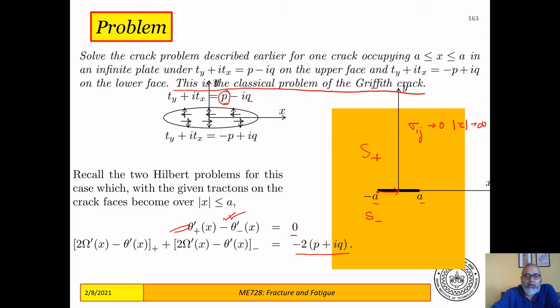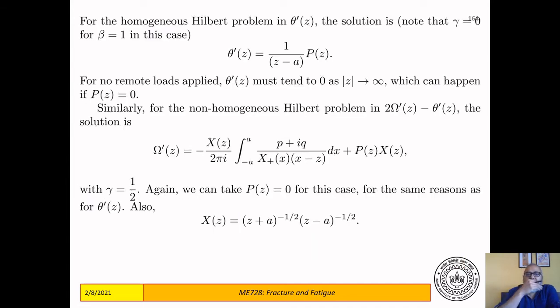And we know that the solution to this is xz times pz, where xz is the Plemelj integral, and pz is a polynomial. Now, for this homogeneous Hilbert problem in theta prime z, the solution is this.